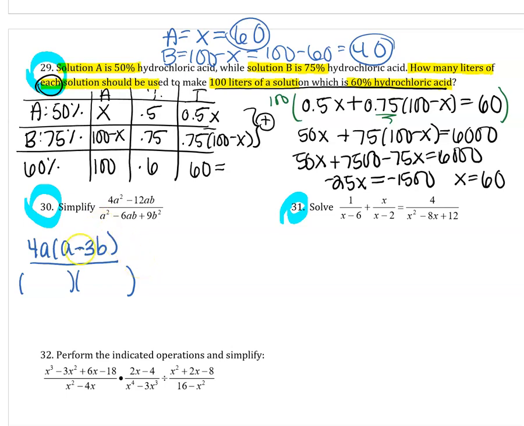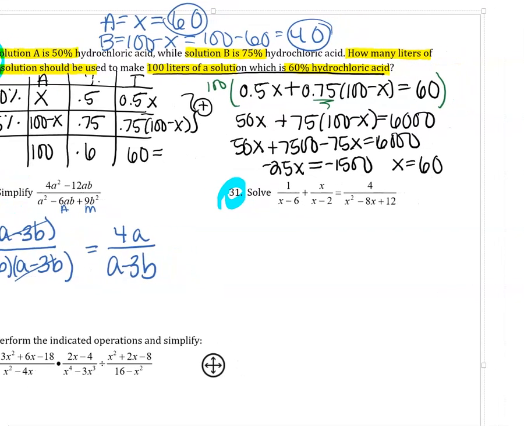So the only way to get a squared is a and a. Now, think of your factors of 9 that sum to negative 6. So that would be negative 3 and negative 3, right? But in order to create a b squared, it must be b and b. From there, look at the top, that makes sense because now a minus 3b matches, and you end up with 4a over a minus 3b.